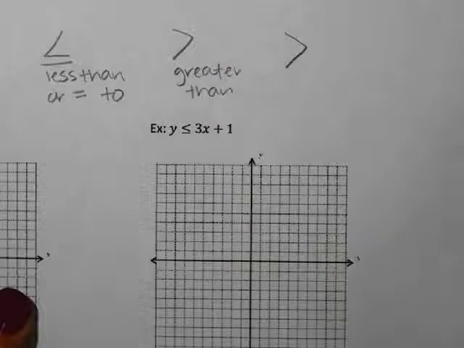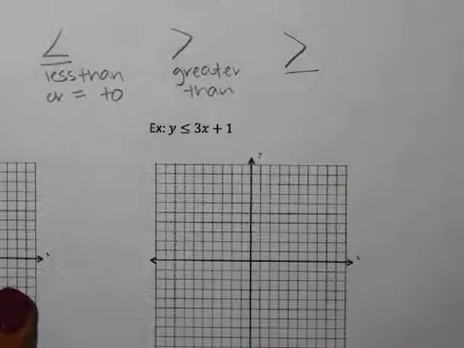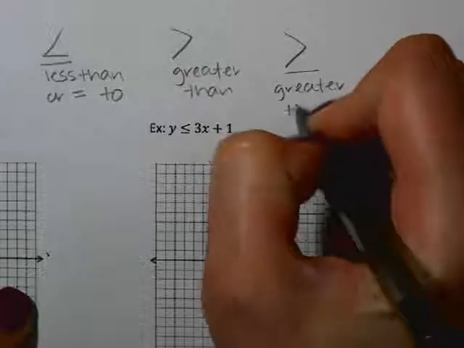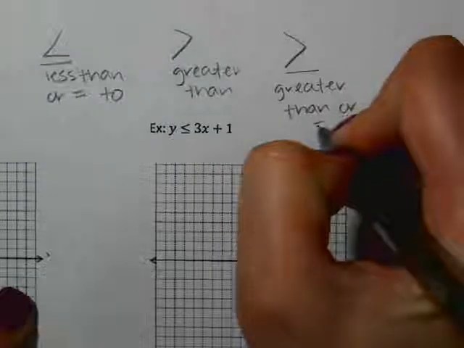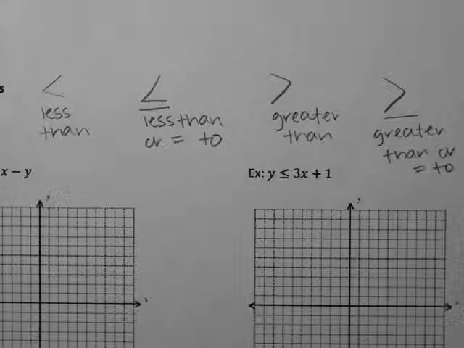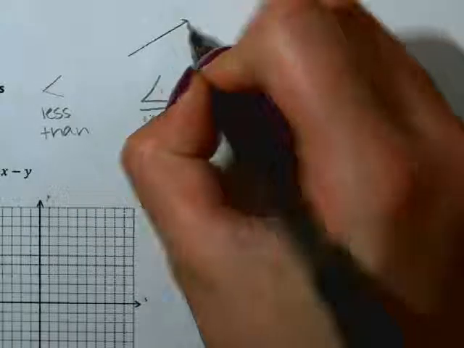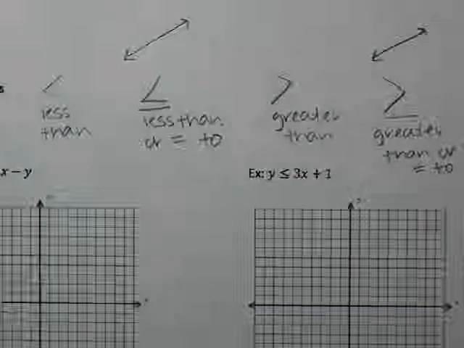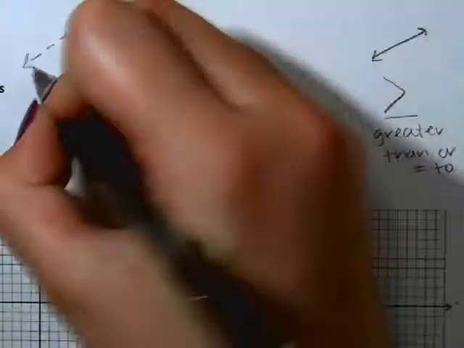This symbol means, oh, sorry, here we go. Greater than or equal to. Okay, which ones are solid? Which ones are dotted? Solid ones are ones that are equal to. And then the less than and the greater than are dotted. Or dashed.